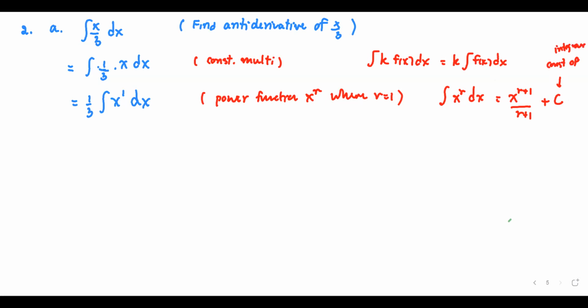All right, so from this step, we know that r equals 1. Using the formula of the power rule, the antiderivative is 1 over 3 times x to the power 1 plus 1 divided by 1 plus 1, and then plus c. After you use the power function antiderivative, the integral sign is gone.